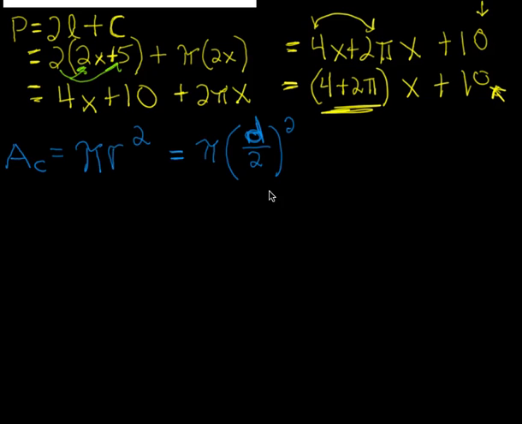But that's the area of the circular bit. The area of the rectangular bit is my length times my width. And my length was 2x plus 5.